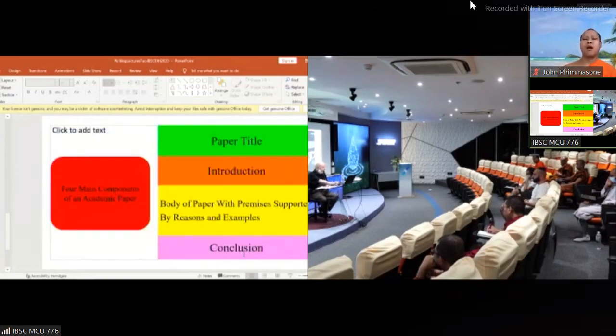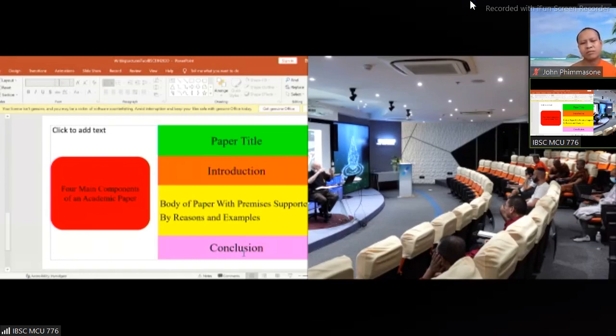Anyway, here's a summary. 4 components of the academic paper. Paper title, introduction, body of the paper with premises supported by reasons and examples. This is the key thing. This isn't busy work. When you've got your argument, you just position it under something that says the body of the paper.